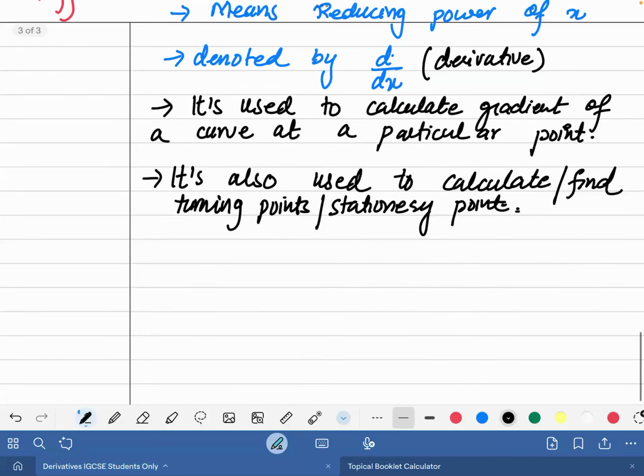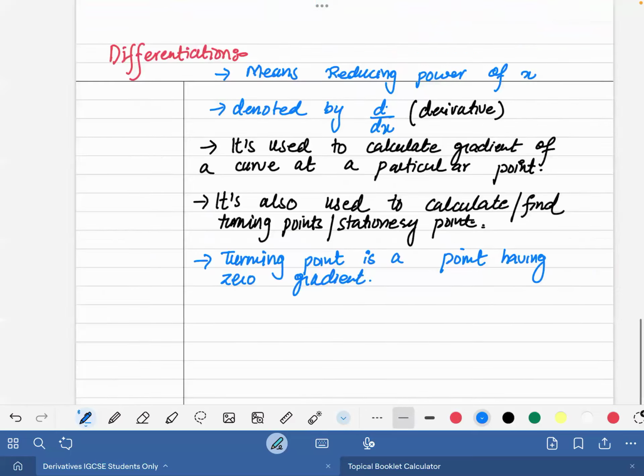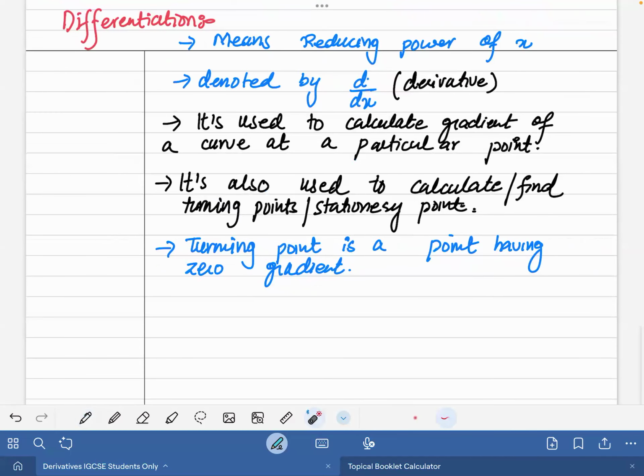Now there is a question: what is a turning point? Turning point is a point having zero gradient. टर्निंग पॉइंट के ऊपर बेटा आपका जो ग्रेडियंट होता है वो बिल्कुल जीरो होता है. ठीक है. सो लेट मी इंट्रोड्यूस दिस टॉपिक स्लोली एंड ग्रेजुअली.